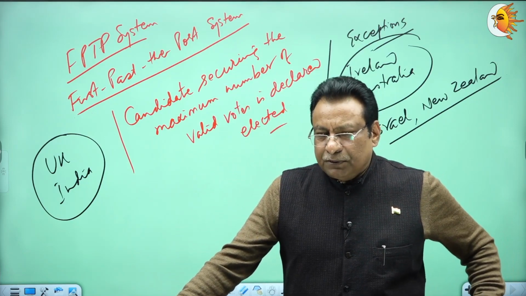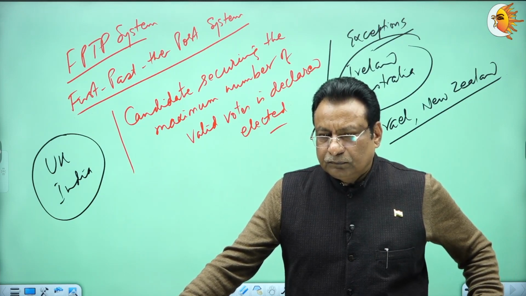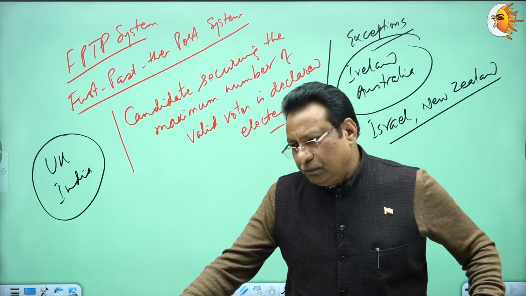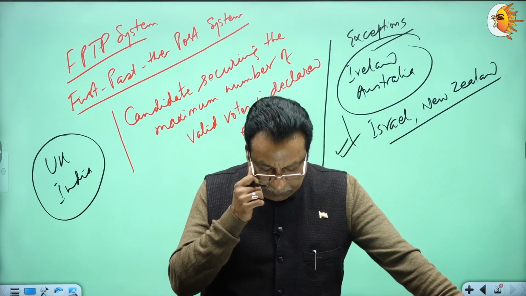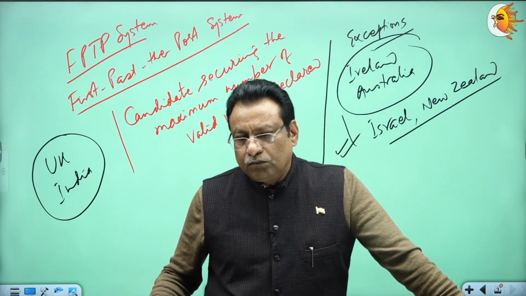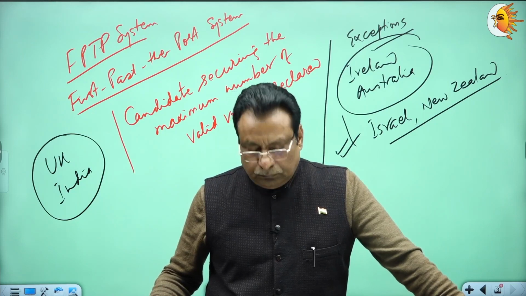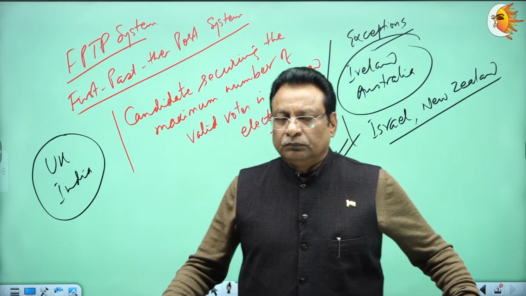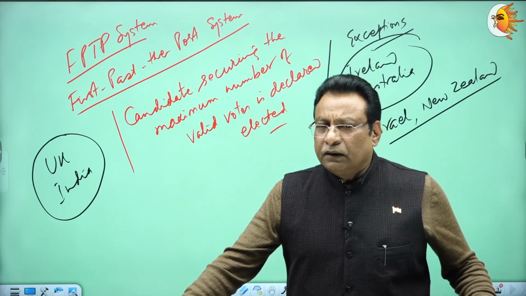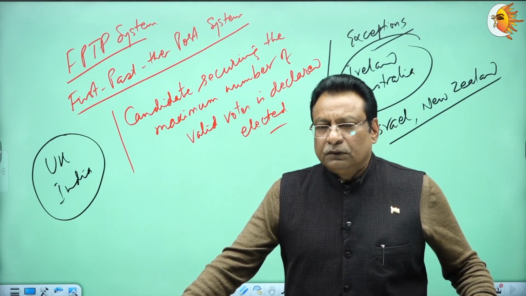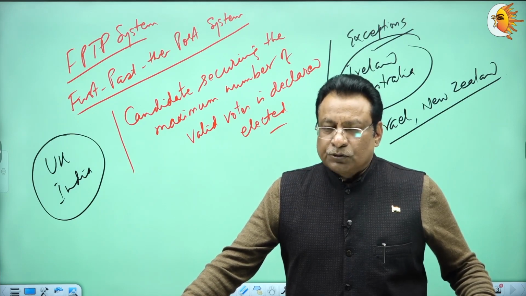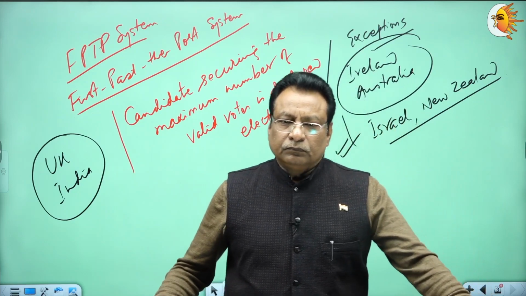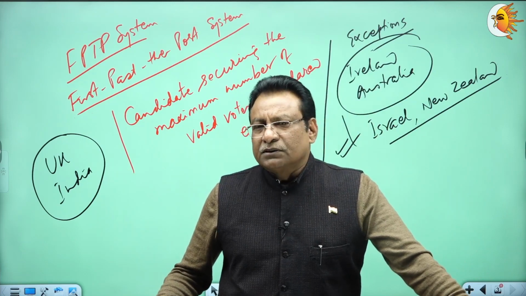The best examples are Germany, France, Luxembourg, Belgium, etc. Proportional representation is the method of indirect election: single transferable vote or list system.